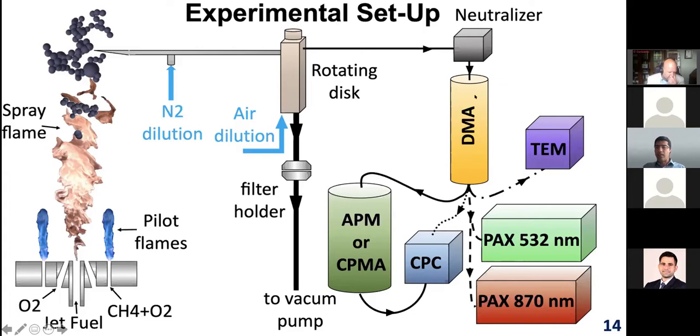And we also measured the optical properties, the absorption coefficient of mobility size selected particles using PAX at two different wavelengths of 532 and 807. So with this setup, we could measure chemical composition of particles, size and mass of particles, as well as the optical properties of these particles.